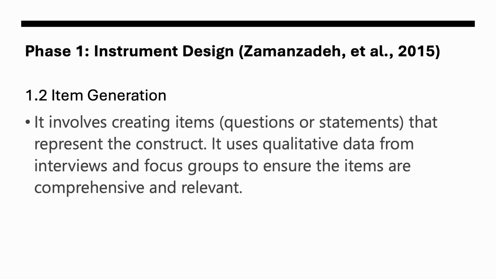Step 2, item generation. Once the content domain is defined, items, questions, or statements are generated to represent the construct. This involves using qualitative data from interviews and focus groups to enrich the item pool. Ensuring that the items align with the research questions and are relevant to the construct is crucial.